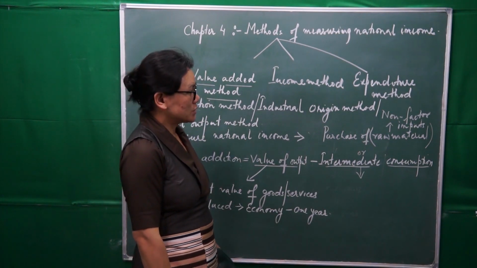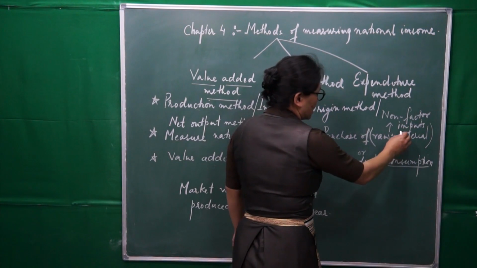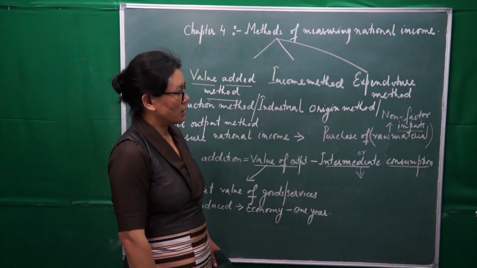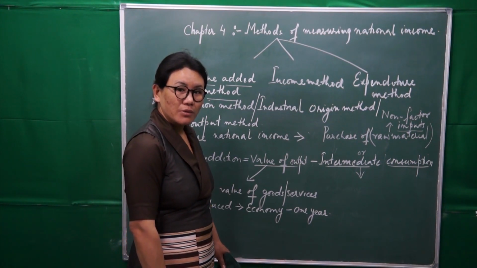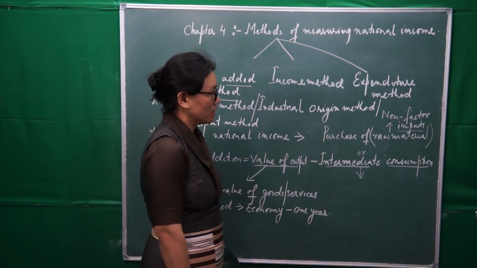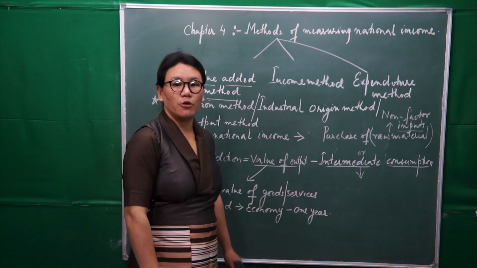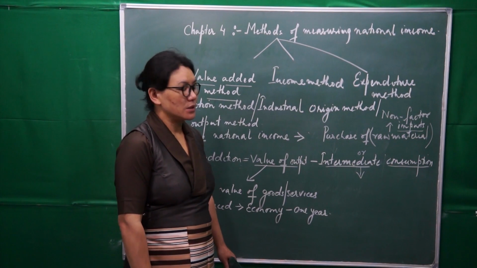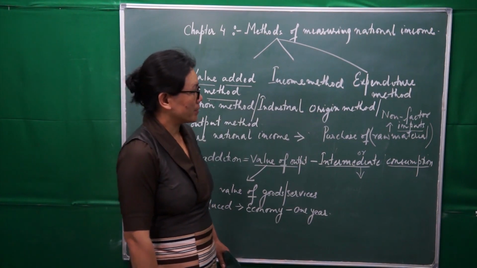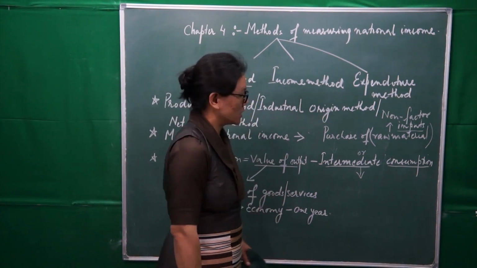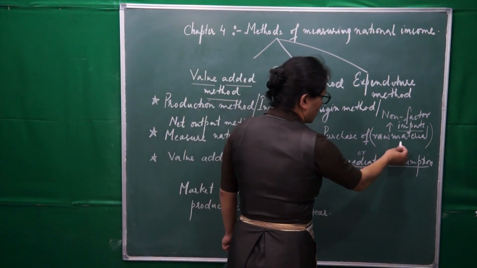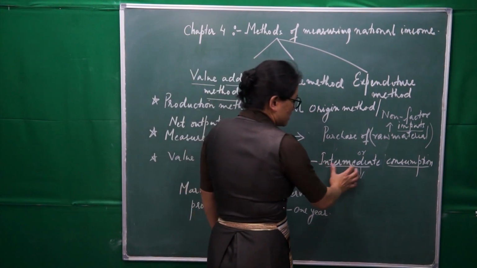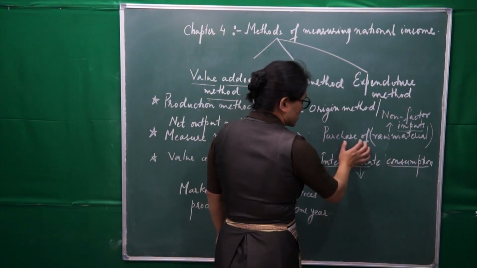Okay, so inputs are of two types. One is factor inputs, another one is non-factor inputs. Factor inputs we have already studied. Factor inputs are the 4 factors of production which are used by the producer for production purpose. Non-factor inputs comprise raw material. Is that clear? Okay. So intermediate consumption, or we can say purchase of raw material.